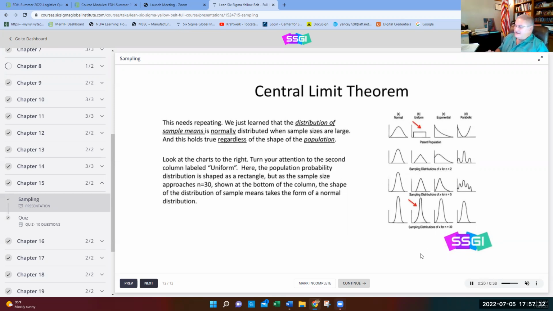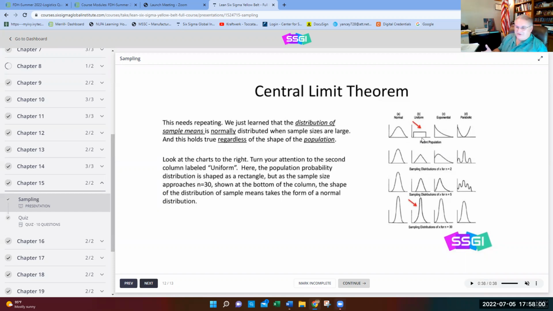Without you being, you're looking at this on your phone or something, you really can't see all the different shapes of the chart, but you can see that the normal ones are the first ones, and then they sort of go into a different shape. That's saying that the data was distorted of some kind, that there wasn't enough of a population, which remember is 30, or as close to 30 as we can get, or more. Then it can be distorted.